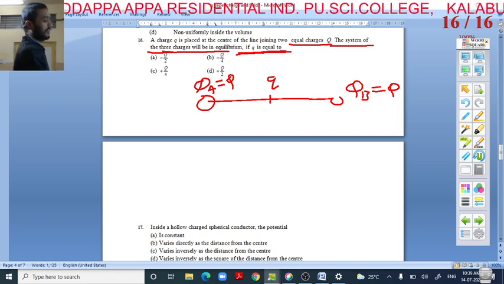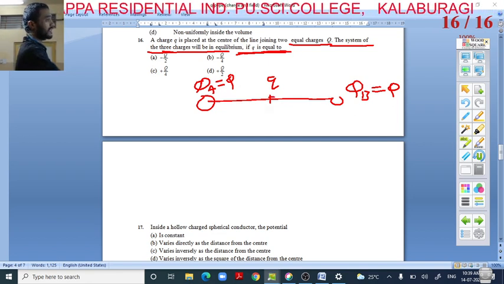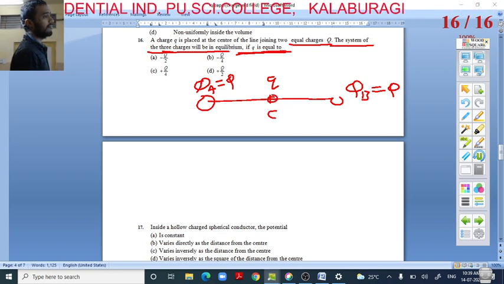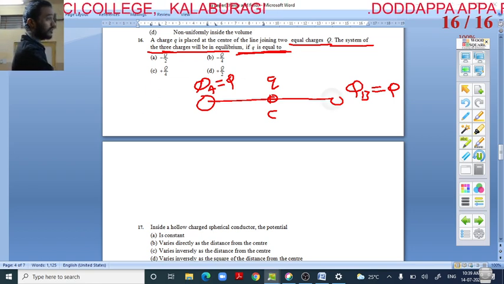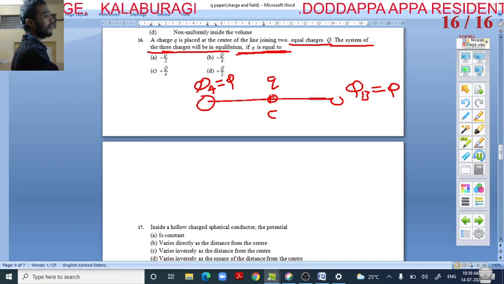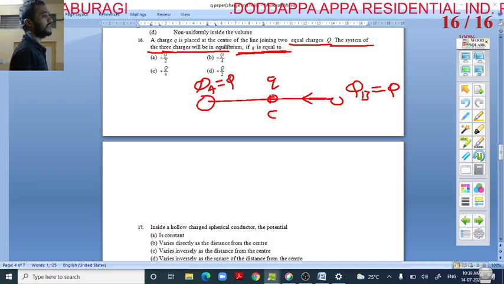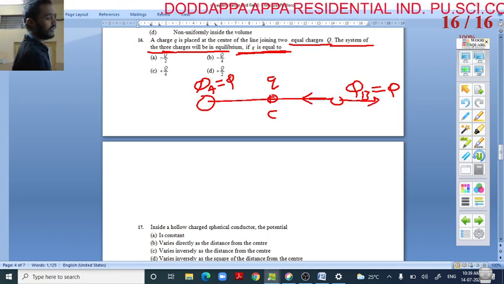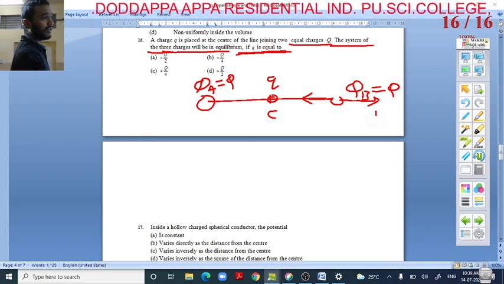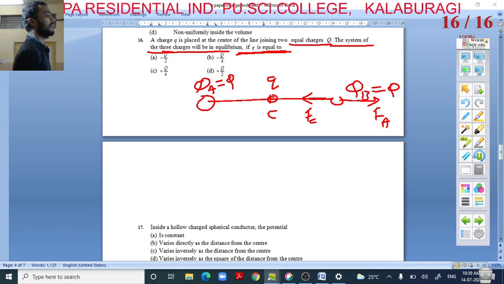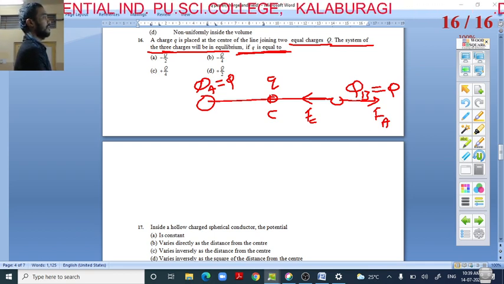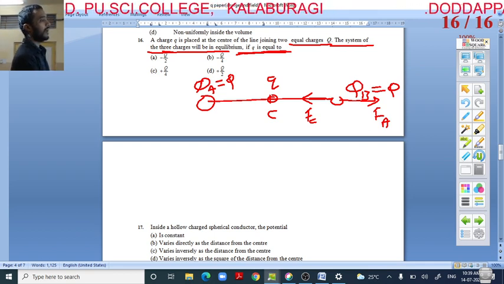If it is A, if it is B, and the center charge is C, then see the force direction in this manner, and here it becomes in this direction. FA, this is FC, right? Okay, I hope you are getting this figure.